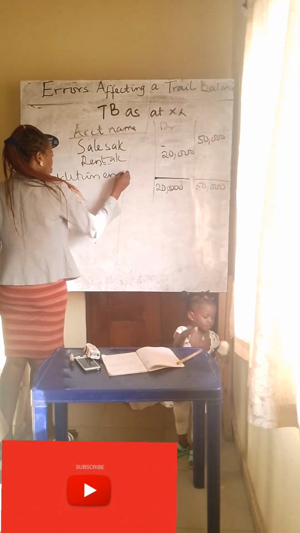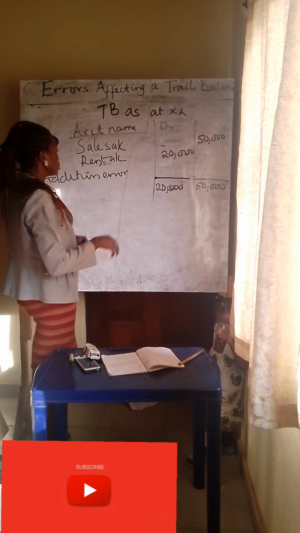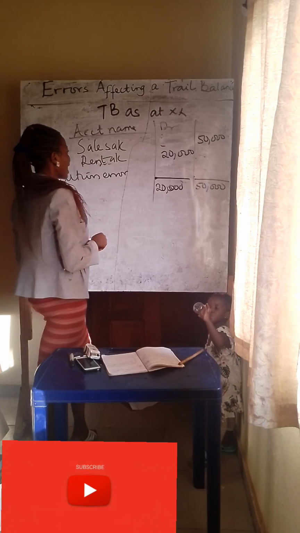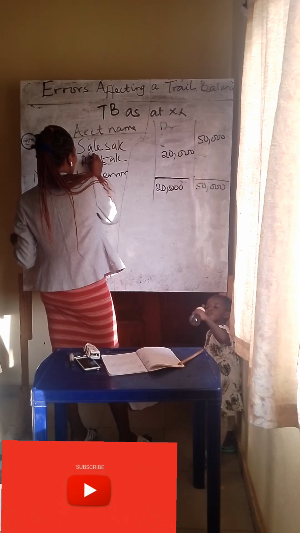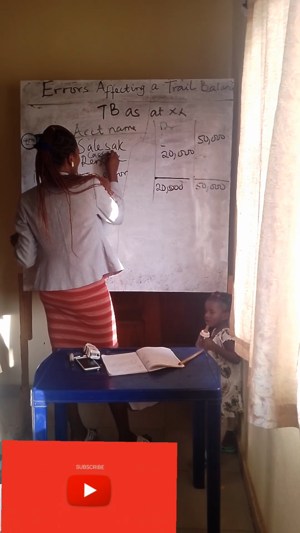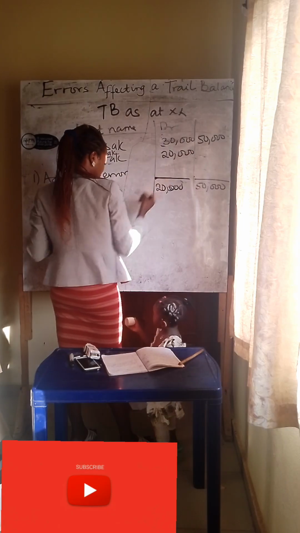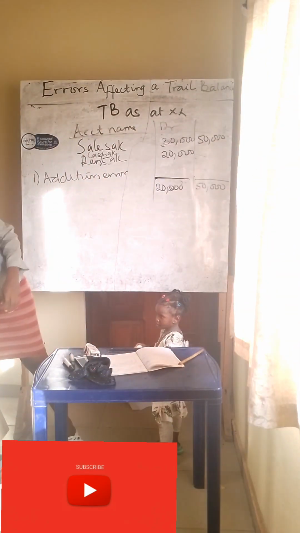So let's say in this scenario we have 50,000 naira on the credit side. On the debit side, you have 20,000 naira and then another 30,000 naira, right? As you can see.